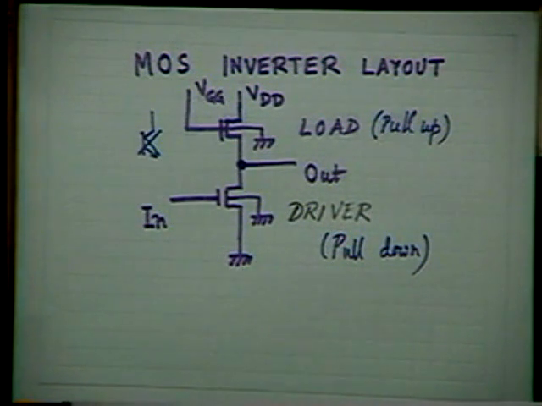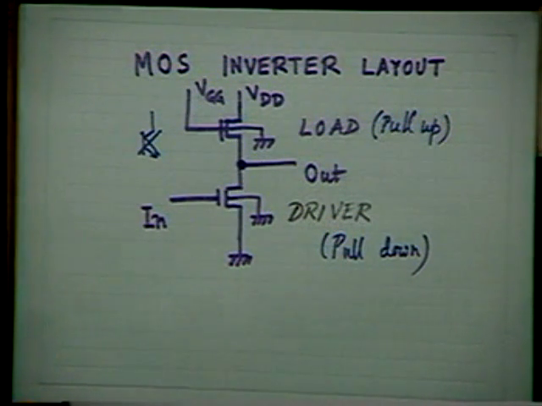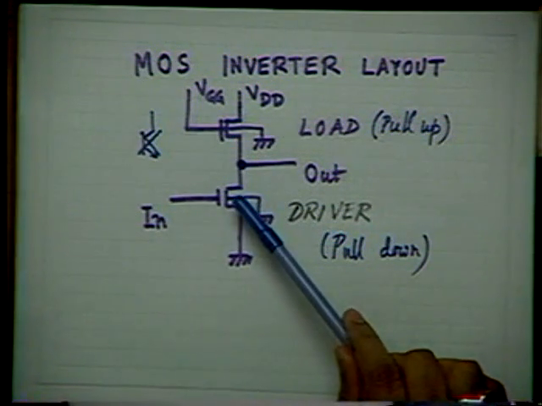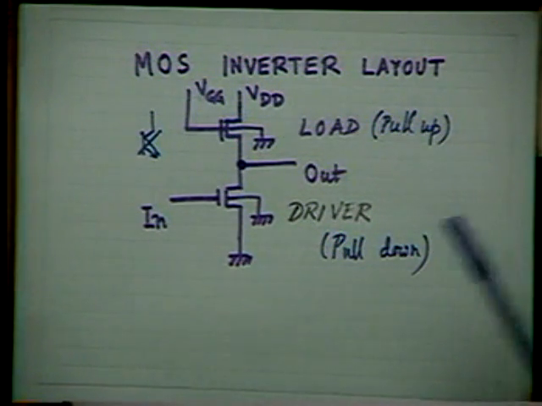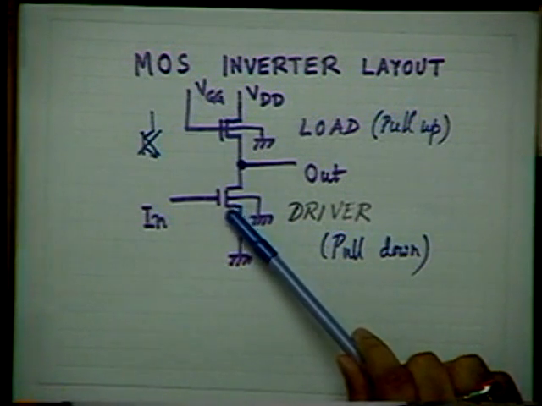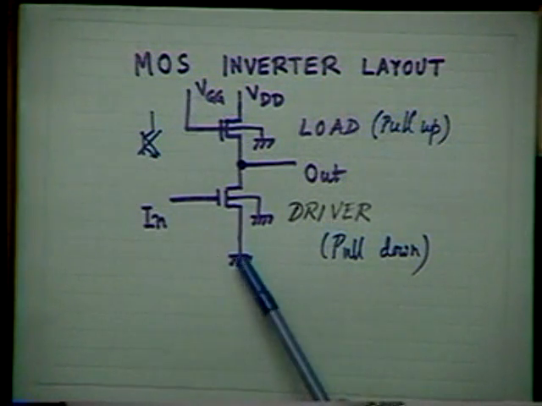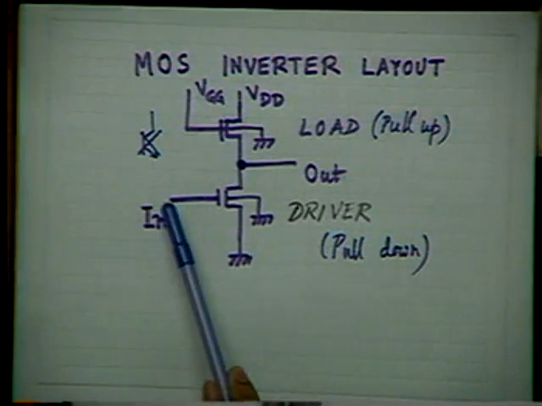It will not happen if this MOSFET is a depletion mode MOSFET. Depletion mode MOSFET is normally on. If it is an N-channel depletion mode MOSFET, it is normally on without any gate voltage. By applying a negative gate bias, I have to turn it off.